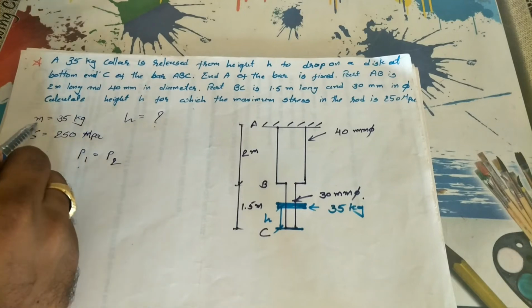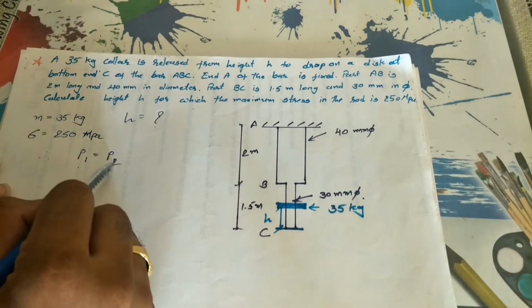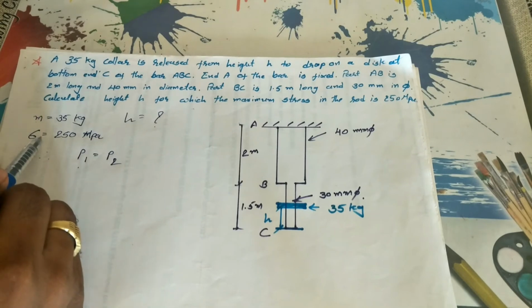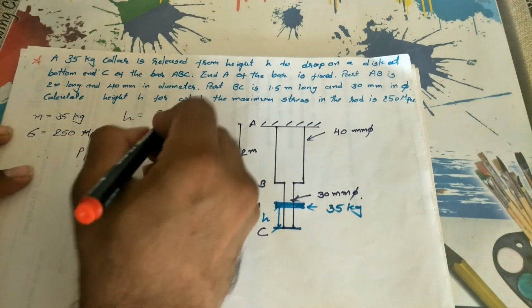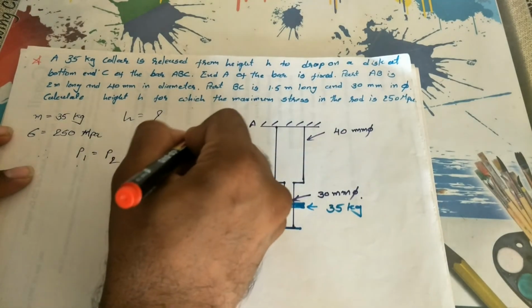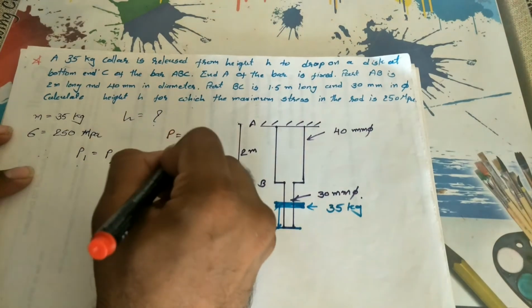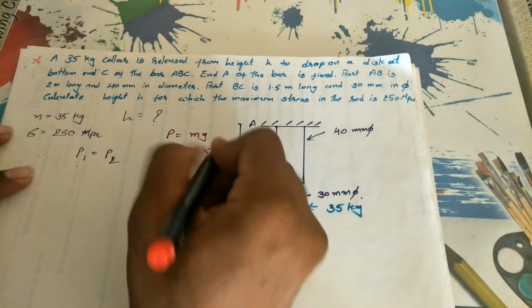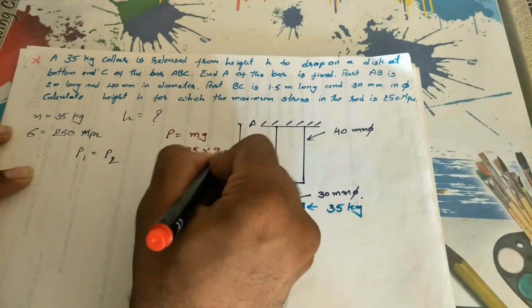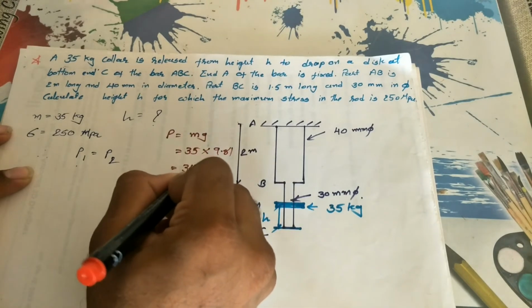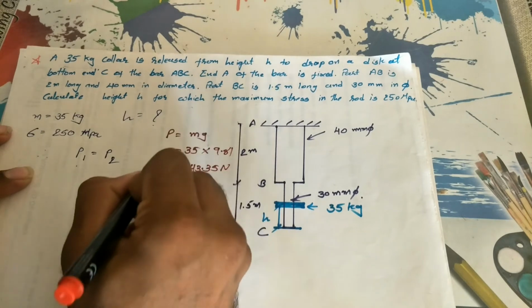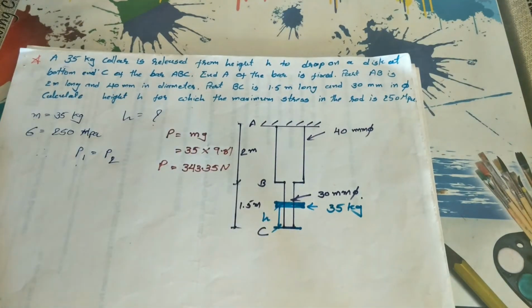P is a load, but the load is given in kg, so we have to convert it. We know that P equals mg, where mass is 35 and g is gravity, 9.81. So we get P equal to 343.35 N. This is very easy.